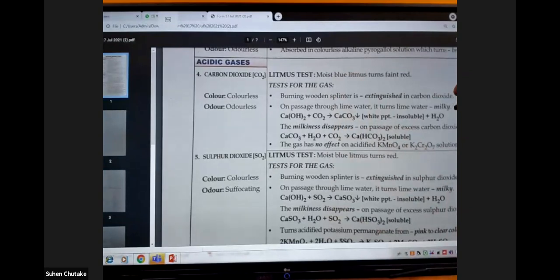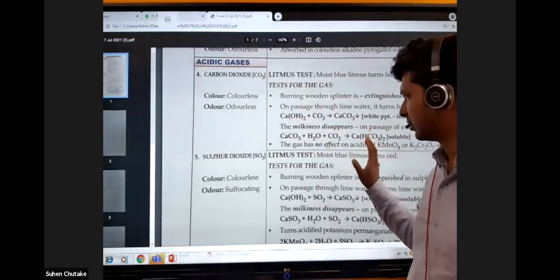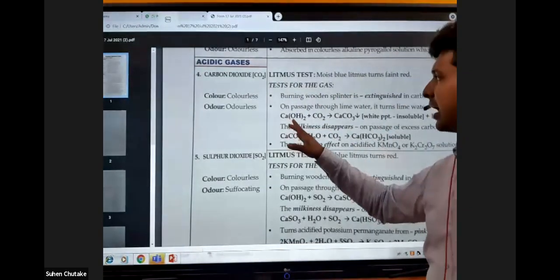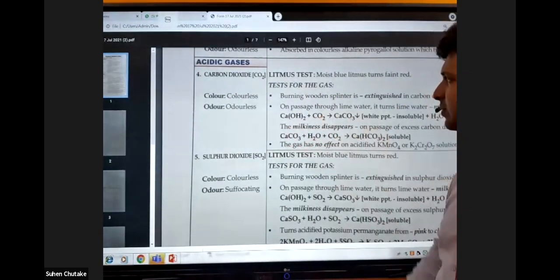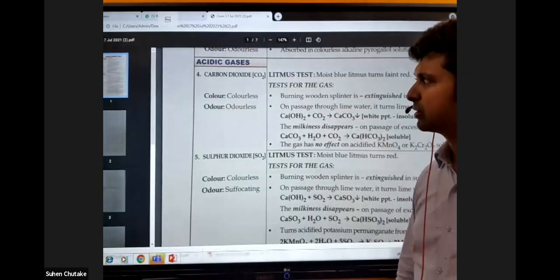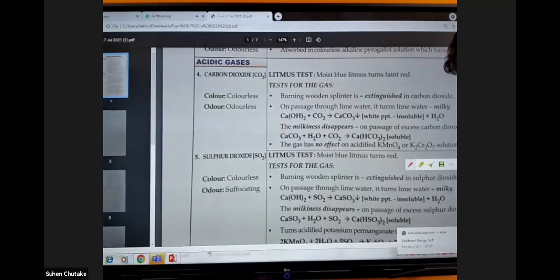Then talking about the acidic gases. Acidic gases include carbon dioxide. When treated with water, it gives carbonic acid, which is acidic. Then calcium hydroxide plus CO2 will give you calcium carbonate, which is a white precipitate. This is the test. And why is it acidic? Because on treatment with water, it gives carbonic acid.